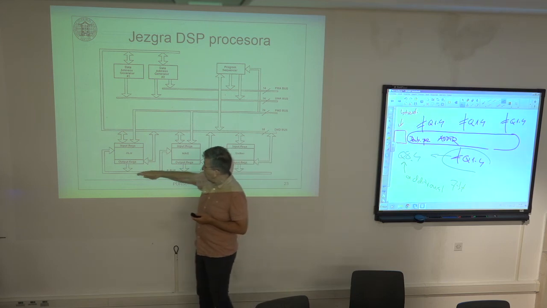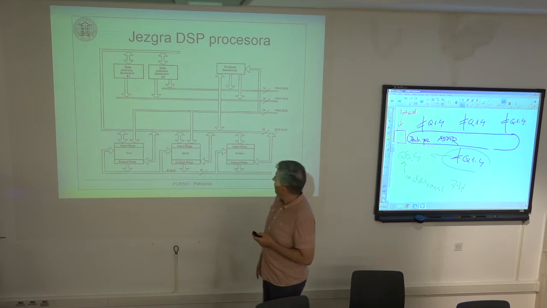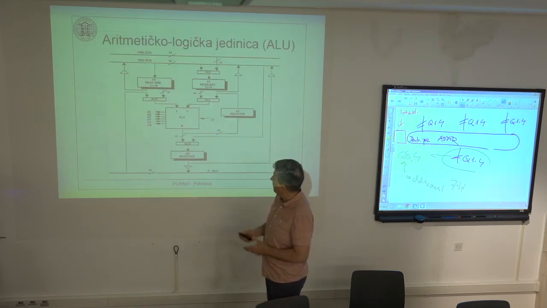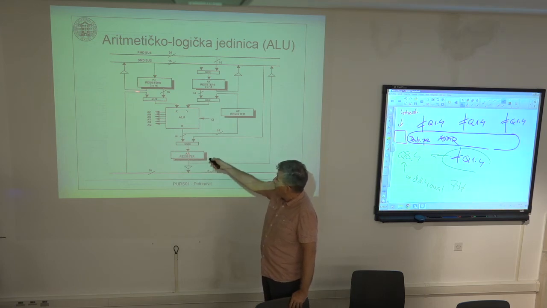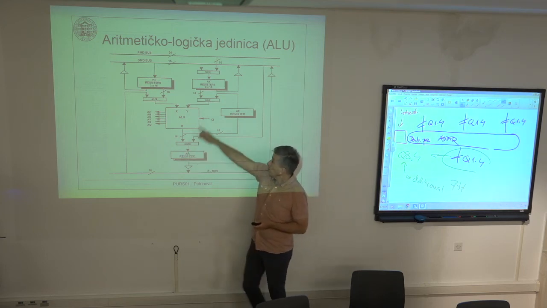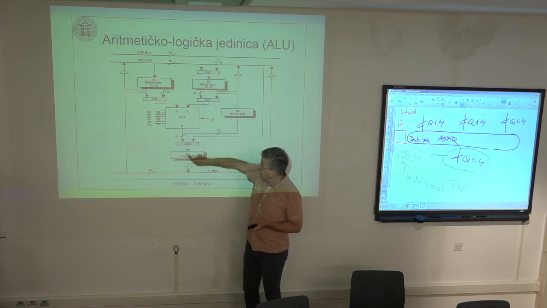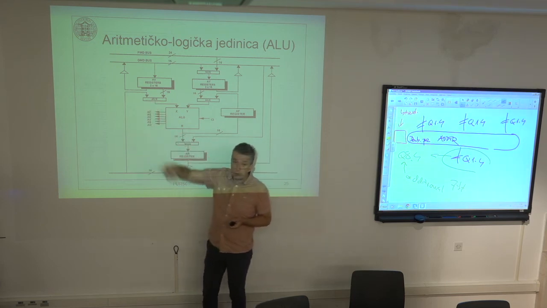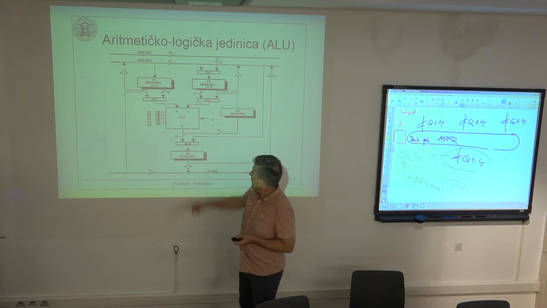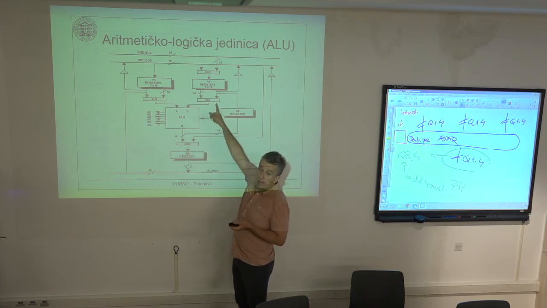That is very useful because this result bus can be used as a left side argument. If I go to this architecture of AR, so this AR register can be used as a feedback, but on the left side. So for example, I compute something, I say AR is equal to AX0 plus AY0. And I have this result here. And this AR can be combined as an argument for the next instruction. And then the next instruction can be AR is equal to AR plus AY1.